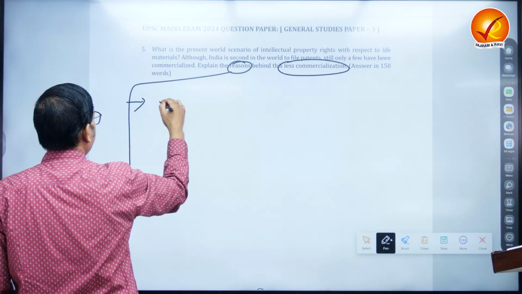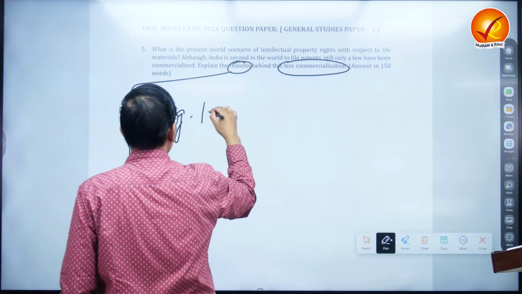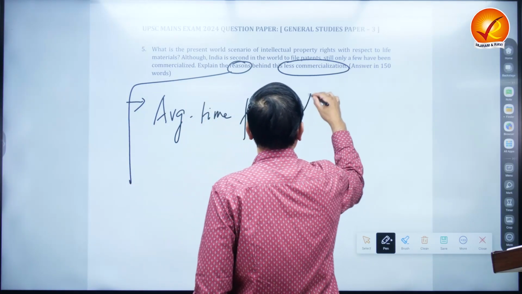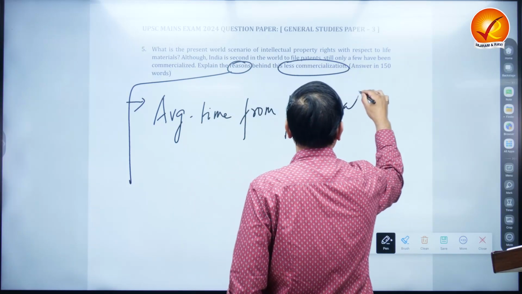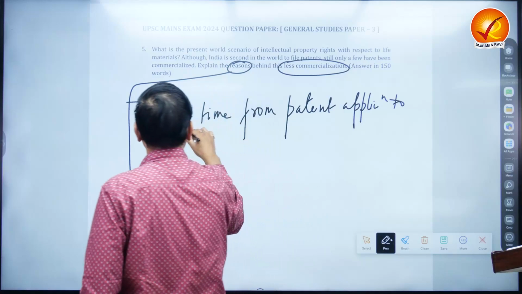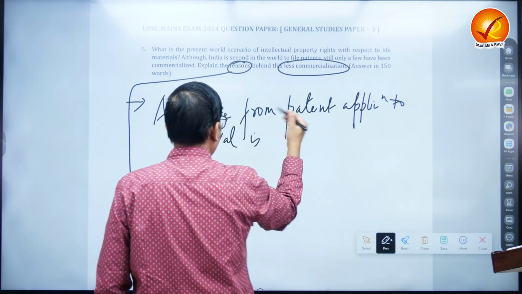For example, the average time from the patent application to approval is very high.